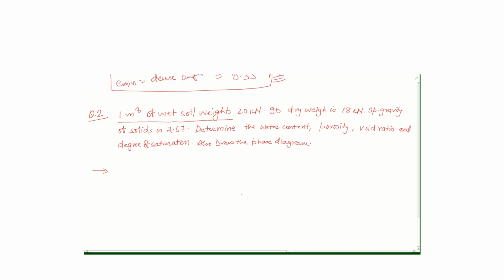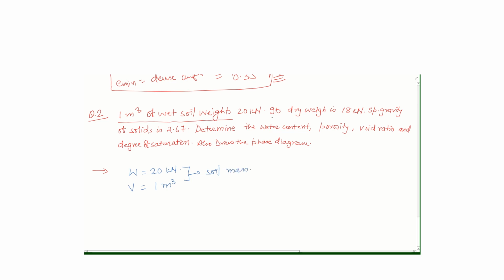So a 1 meter cube wet sample is there and its weight is 20 kilonewton. What is given? Weight of the sample is 20 kilonewton. Volume of the sample is 1 meter cube. So this is the weight and volume of the soil mass.